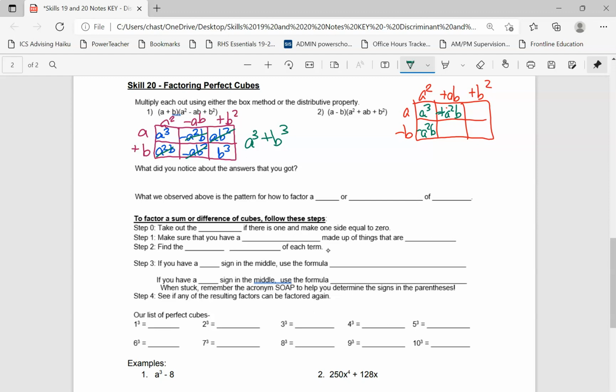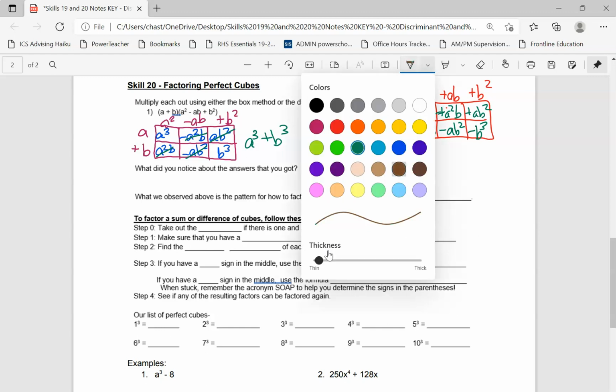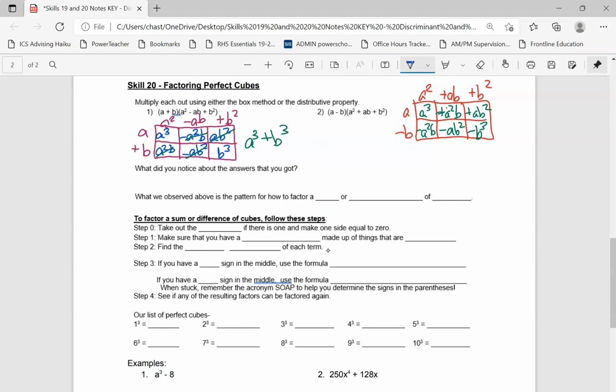And then down here we get minus ab squared. And here we get plus ab squared. And the last one is minus b cubed. So now we're going to cancel out any factors that cancel. So those are gone. And these are gone, which gives us a cubed minus b cubed.